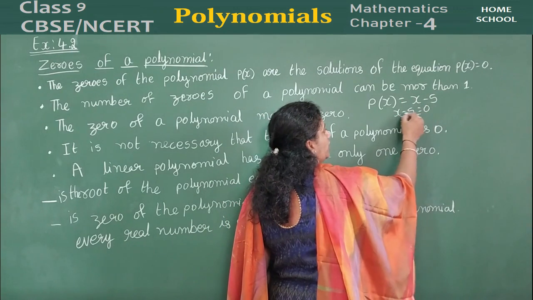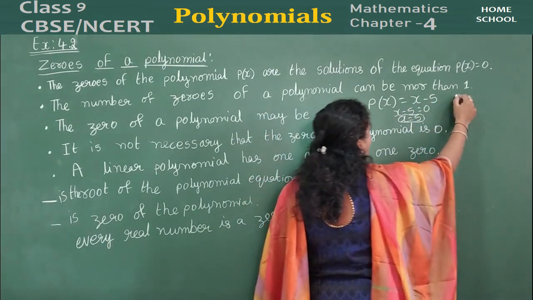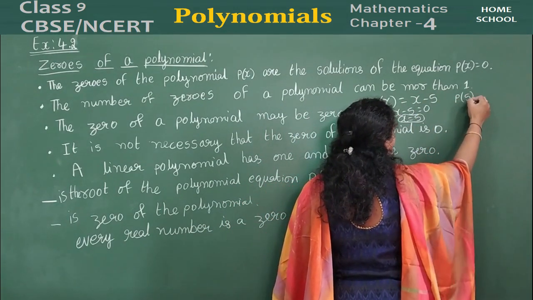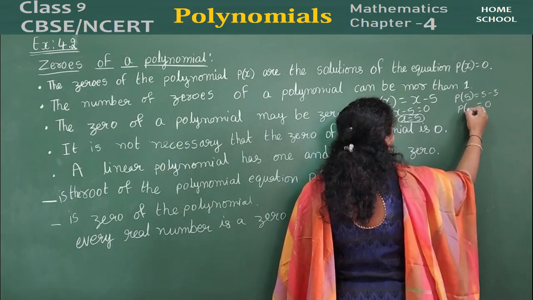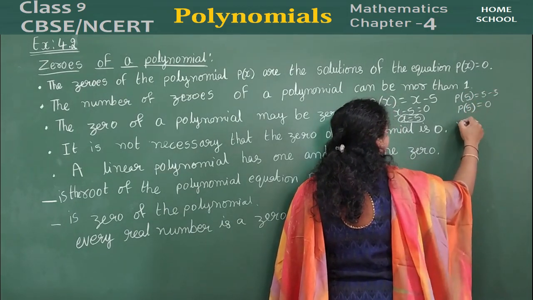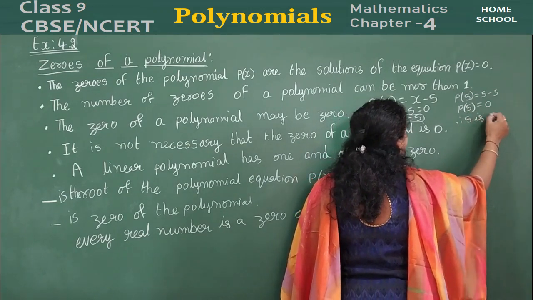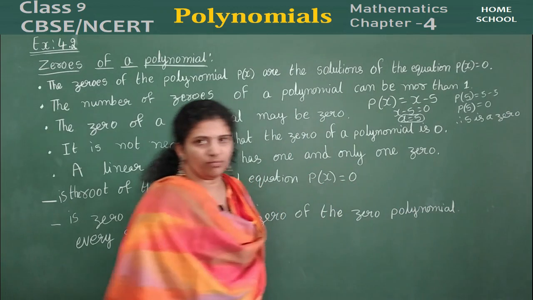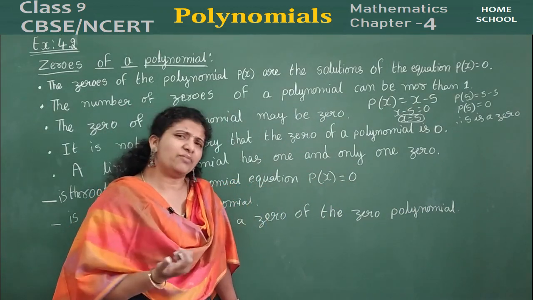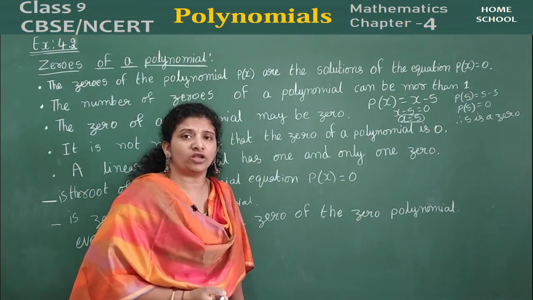Right? Now, you got your x value. Substitute here. p of 5 is equal to 5 minus 5, 0. p of 5 equal to 0. Therefore, 5 is a 0 of a polynomial.